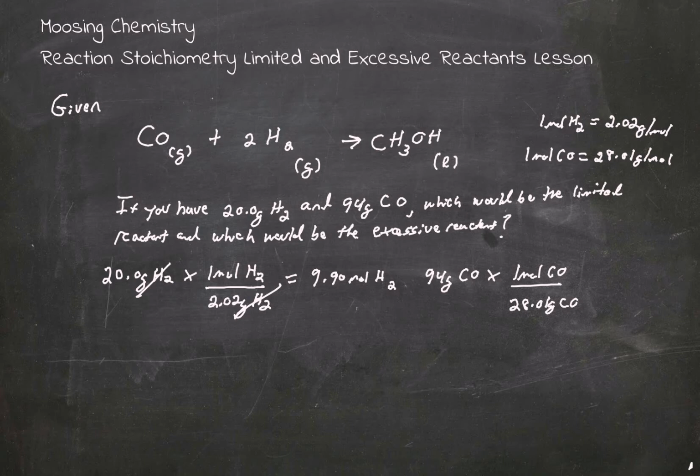Okay, so now let's go ahead and divide those two together. And we get 94 divided by 28.01. And my calculator tells me that there's 3.35 moles of CO.